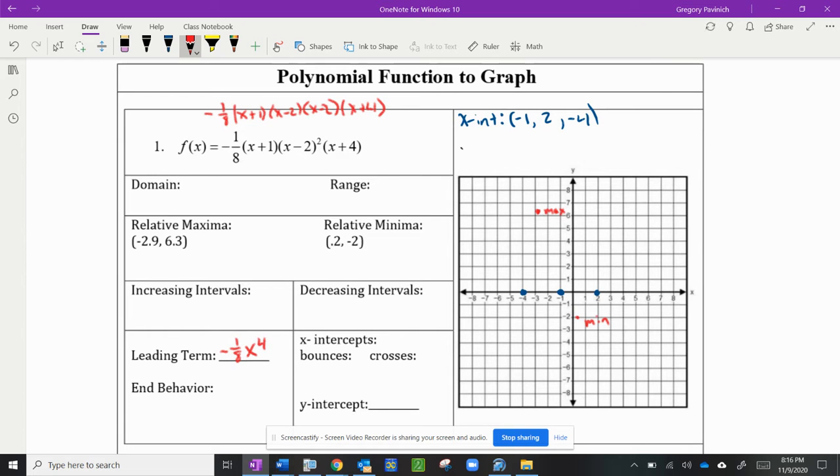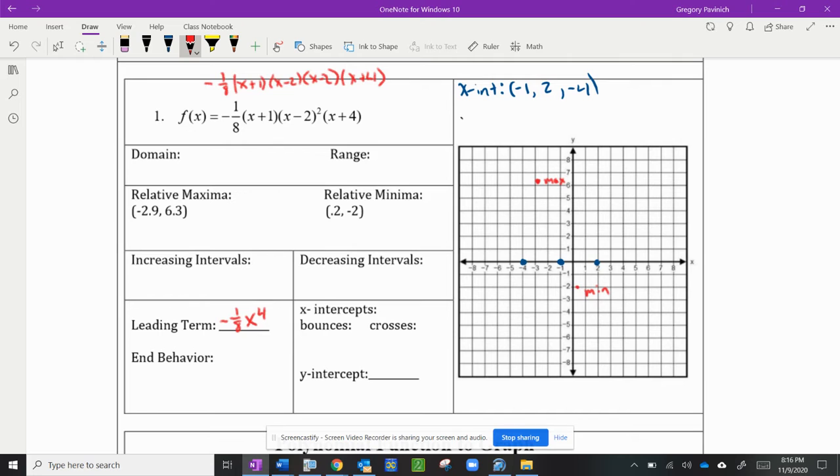So I know my end behavior: as x goes to negative infinity and as x goes to infinity, my f of x is going down. It goes in the same direction on both ends. Since it's negative, it's going down on both.